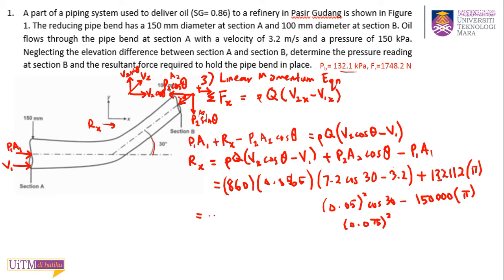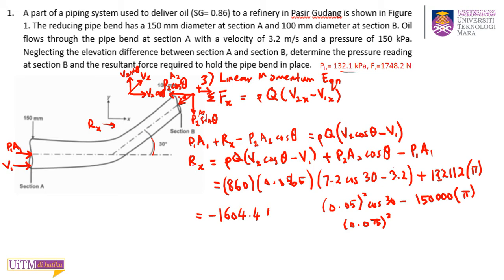Negative 1604.42. The unit is, this is resultant force. Force apa? Force Newton per meter? Pascal kot.